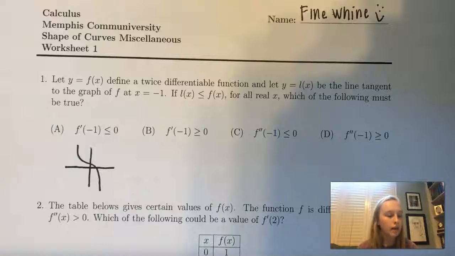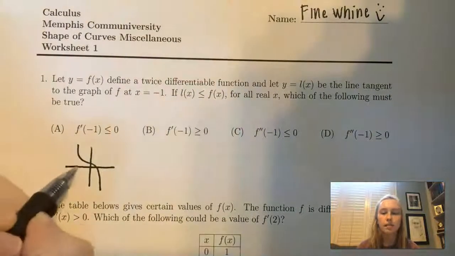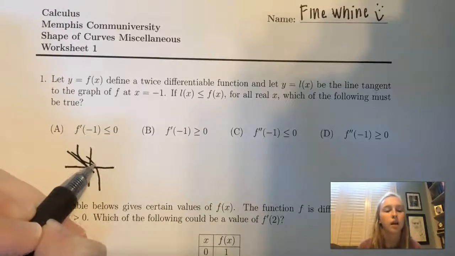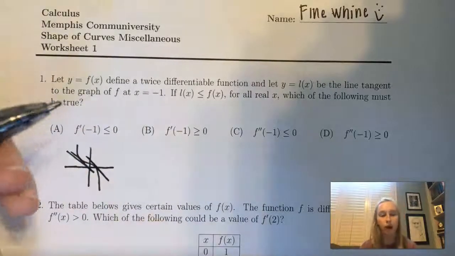So in instances A and B, because we're just testing the first derivative, f prime, I did a cubic function. And then for C and D, because we're testing concave up or concave down, which is the second derivative, I just did parabolas.